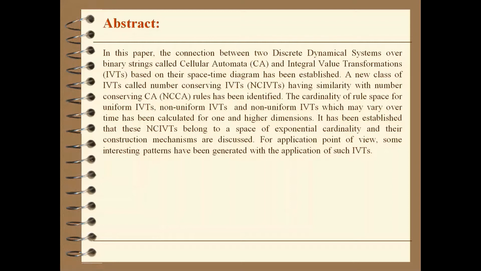The exponential cardinality of three classes of number conserving integral value transformations, namely uniform, non-uniform, and non-uniform varying over time, has been identified. Lastly, some patterns have been generated using cellular automata and IVT.